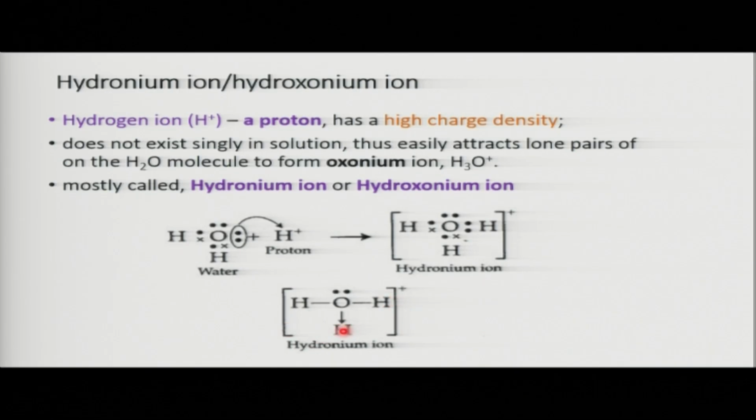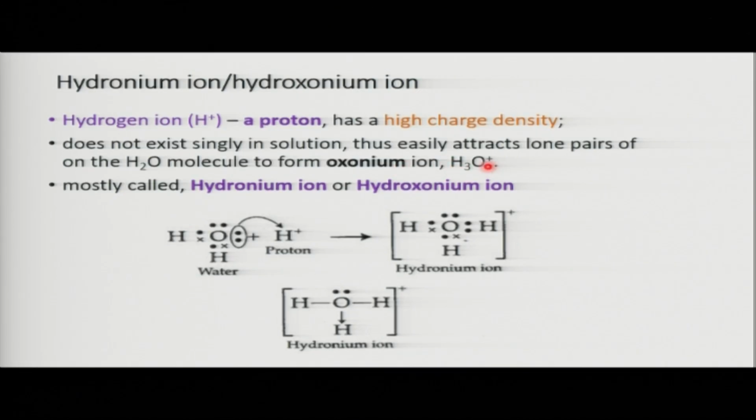The bonding is called coordinate bonding. We've looked at that in the bonding. So this is where the names come about: hydrogen ion, a proton, because it is simply made up of 1 proton in the nucleus; hydronium ion or hydroxonium ion, H3O+.